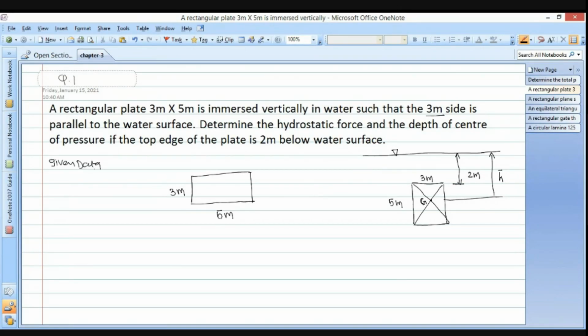First, we write down the given data. The area of the plate is indirectly given, that is 3 by 5, so we get 15 meter square. Now our IG axis is passing through this point. We have to find the moment of inertia about the horizontal surface. So the perpendicular dimension is 5.